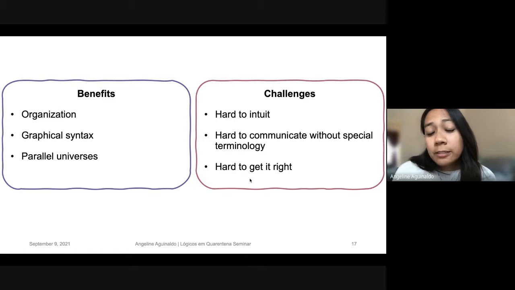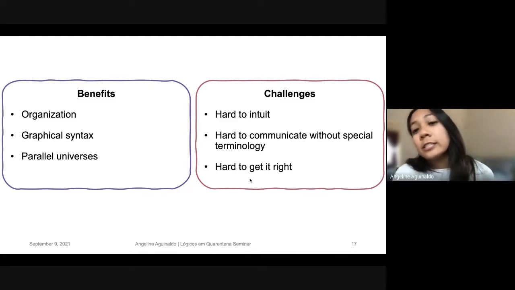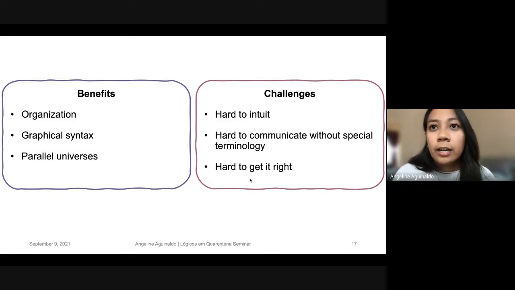And then the third challenge is that I find it a little bit hard to get it right, especially with real world applications. This is coming from the point of view of me attempting to categorify real things occurring in the real world. If I go to a mentor who's a category theorist, I provide a proposition that I think these are symmetric monoidal categories or Cartesian closed categories, and is this the functor between these two, and is this functor left adjoint?